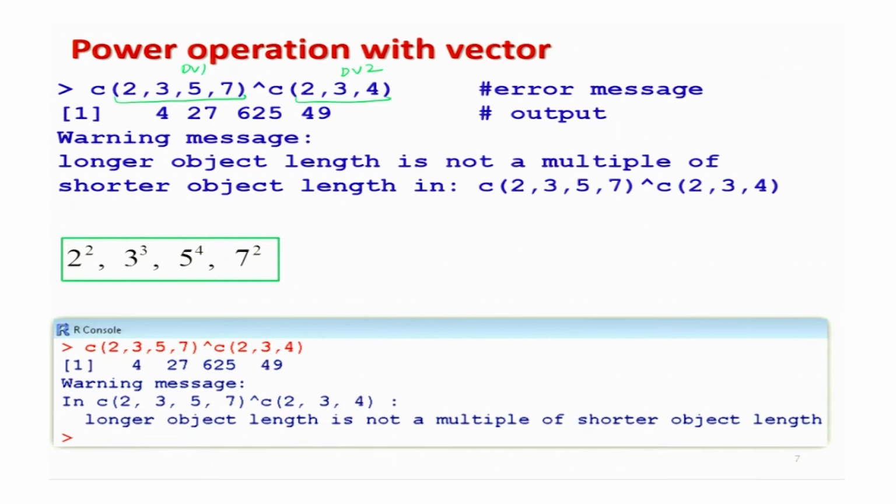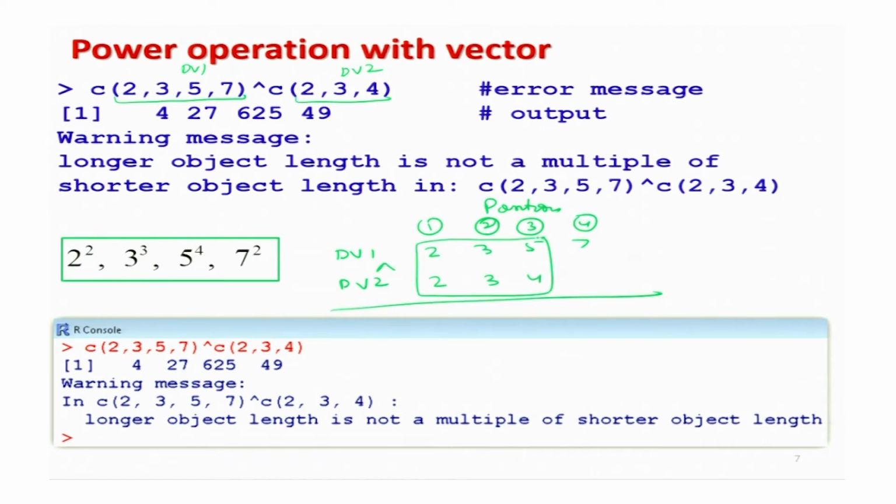The same thing will happen here also. dv1 is 2, 3, 5, 7, and dv2 is 2, 3, 4, and the positions are 1, 2, 3 and 4. Now with this power operation, this block will be operated first, and you will get 2 square, 3 cube, 5 to the power of 4, and after that R will get confused as there is no value here. So what it will do is copy the same block here.